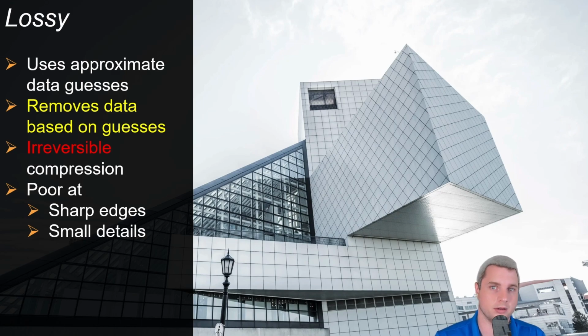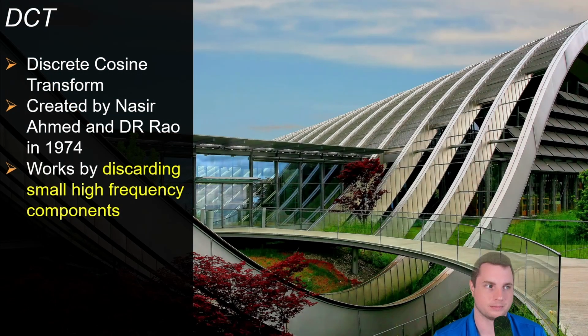That image is gone. Now I recommend you make a copy, but you're not going to be able to take whatever was converted and go back to raw. It doesn't work that way. Okay. This type of compression is not very good at sharp edges and small details, which we'll get into the reason why that is in a couple seconds.